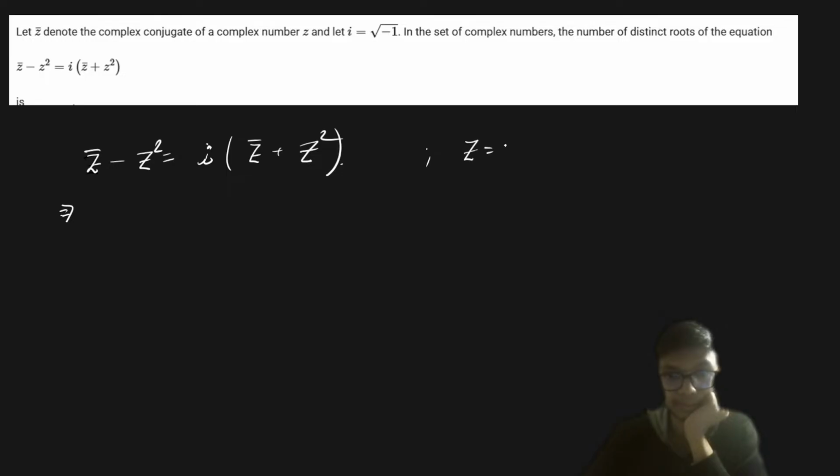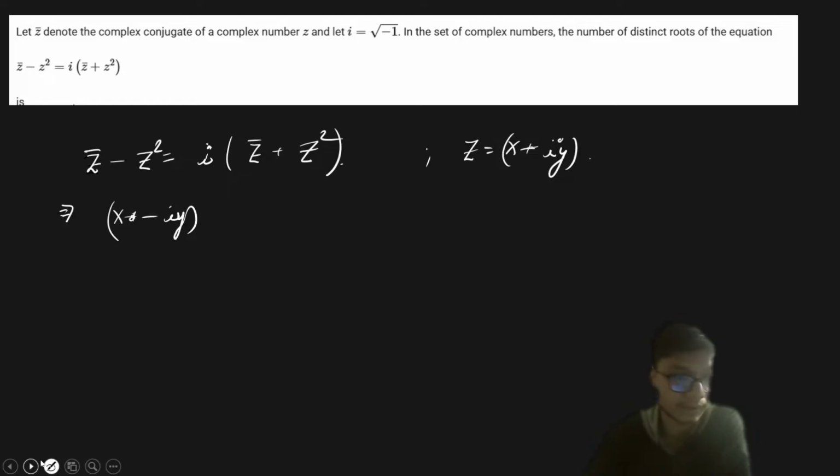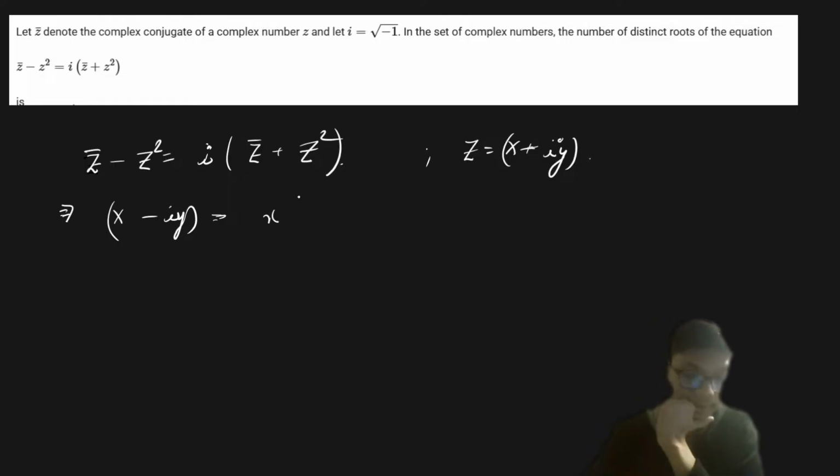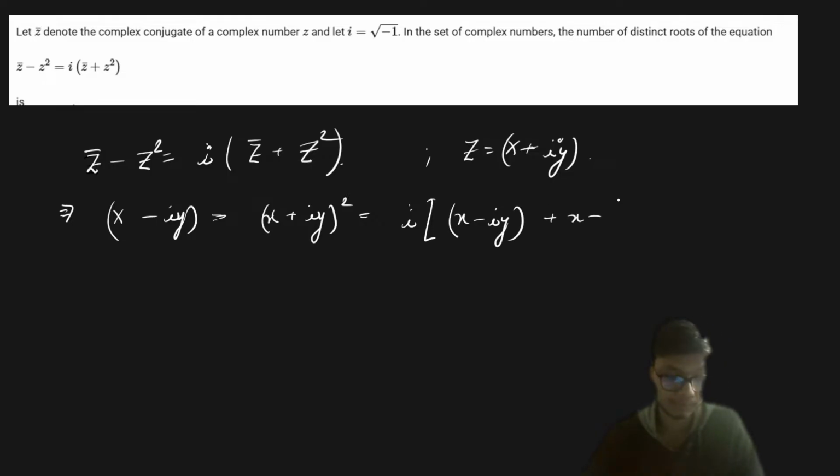So if we assume z as x plus iota y, and if we try to carry on this algebra over here, we'll get this as follows: x minus iota y minus, as over here.